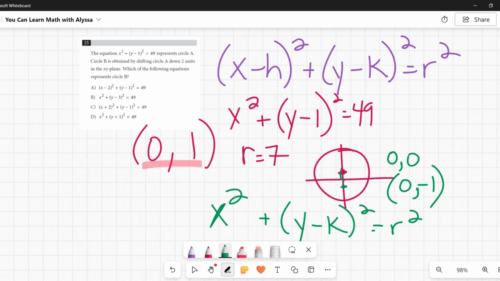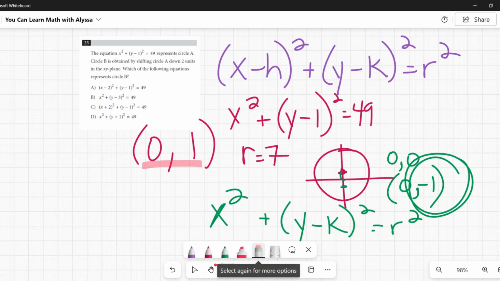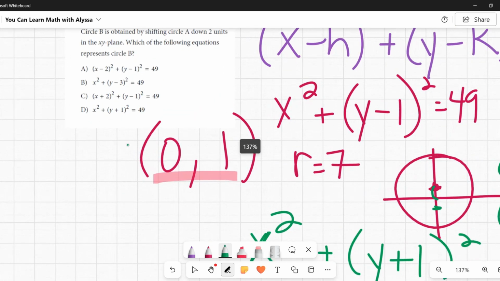And then (y minus k) squared, the k there is -1, so this is going to be (y plus 1) squared. And the radius squared, still 7 squared, is 49. So I'm looking for x squared plus (y plus 1) squared equals 49. And that would be D. There is my answer.